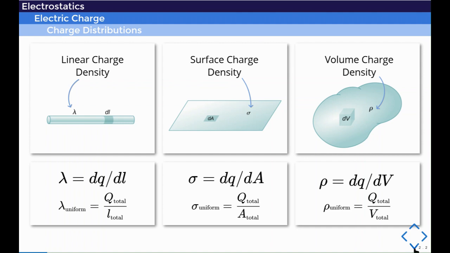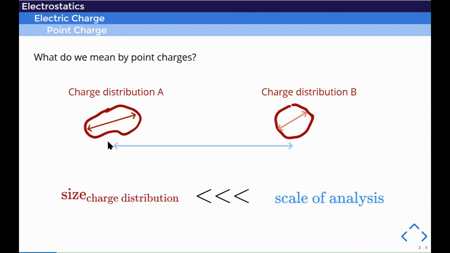Now, these charge distributions, of course, we know about point charges like electrons or protons. But even for charge distributions, if they are small compared to the size or the scale of the analysis, so suppose I have two charge distributions that are separated by a distance that is quite large compared to the charge distributions, then I can consider this charge as a point charge.